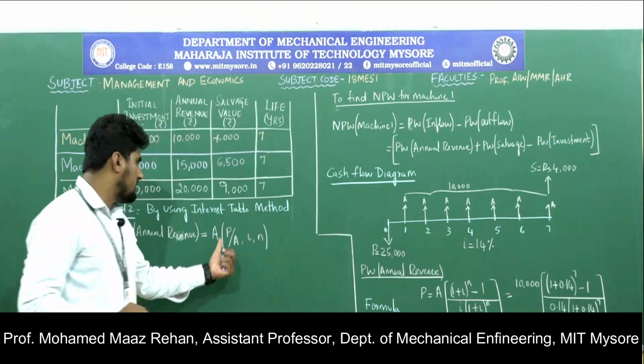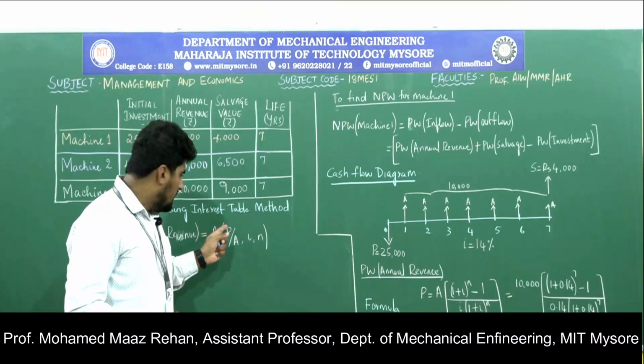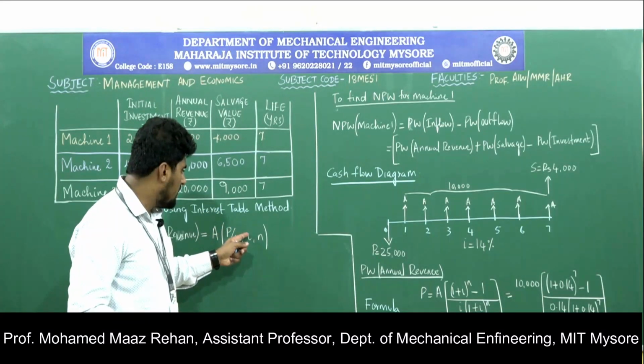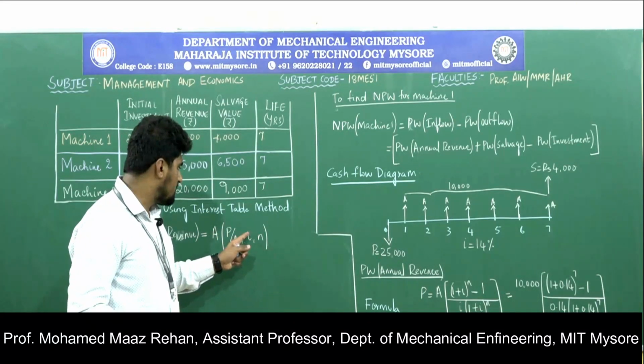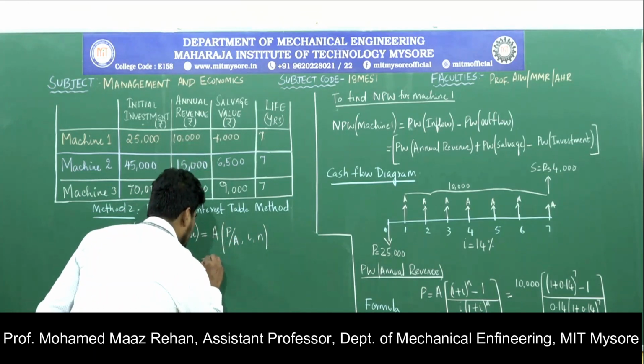You understand this? P bar A means to find P when A is known, I comma n. I is interest, n is the number of interest periods. So this part we will get from the interest table.